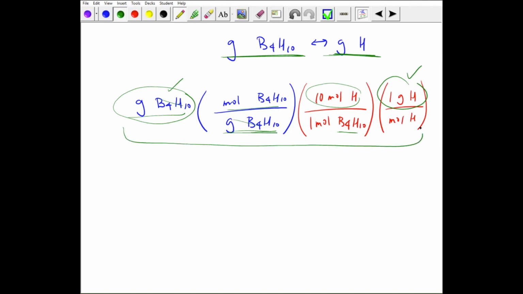Instead, when you want to go between B4H10 and hydrogen, we use this conversion factor here. We stay in moles. So moles will be our best friend for a lot of these conversion factors. When in doubt, convert to moles.